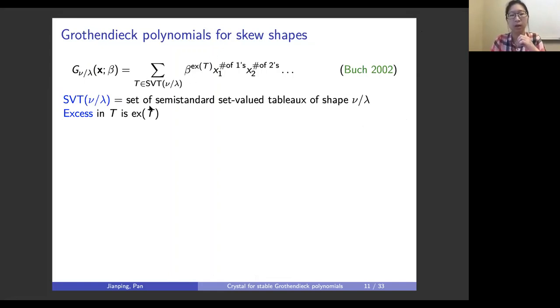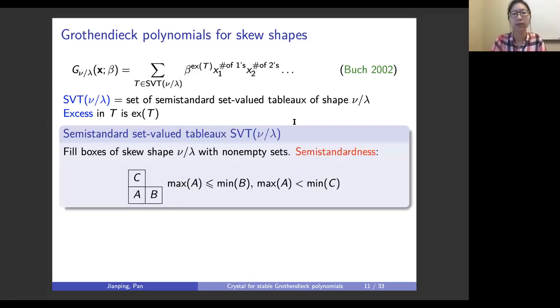So you take all of them, then the beta power is the excess, which is the extra letters, more letters than the semi-standard Young tableau, and the power of x_i is just the number of i's in there.